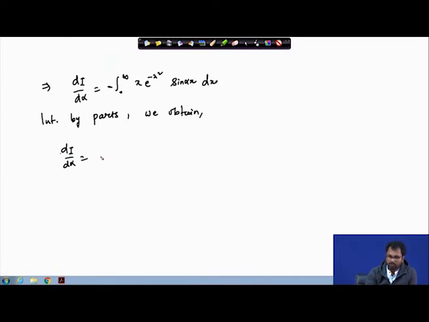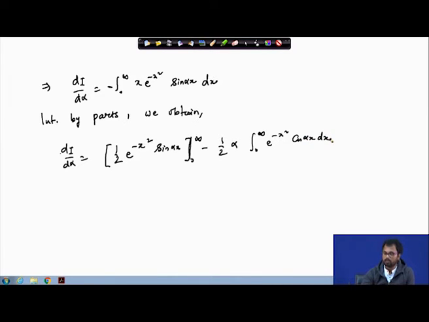So we integrate by parts, and then this will reduce to 1 by 2 e to the power minus x square sin alpha x from 0 to infinity minus alpha by 2, integral from 0 to infinity e to the power minus x square cos alpha x dx. So here we are integrating this whole thing by parts, and considering sin alpha x as the first function, and x e to the power minus x square as the second function, we will obtain this integral here.